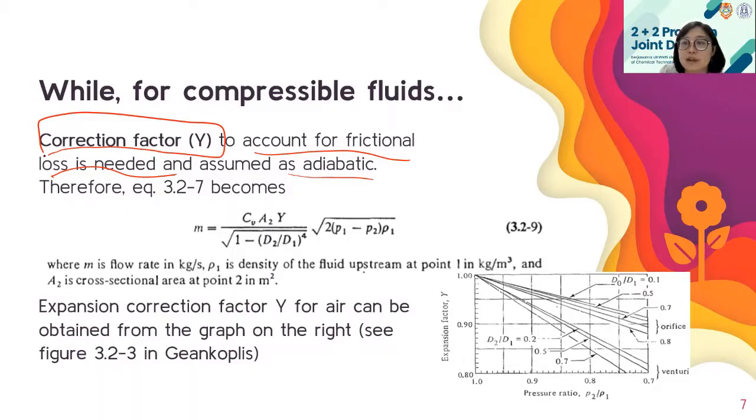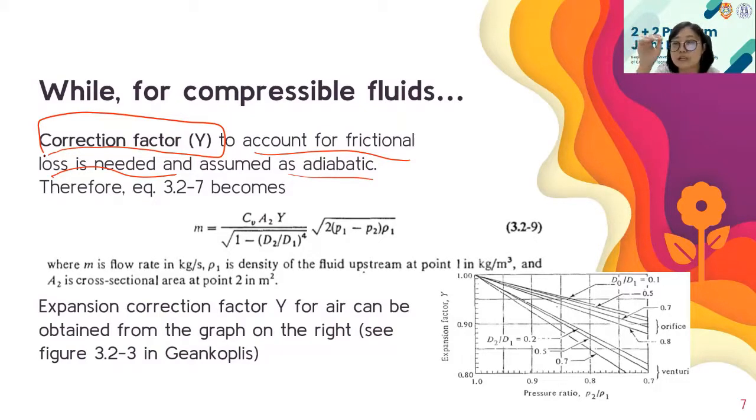As I previously said in chapter 2 and also in chapter 3.1, if the flowing fluid is not incompressible but compressible, then the one that is constant is not velocity anymore, but the mass flux, or the mass.